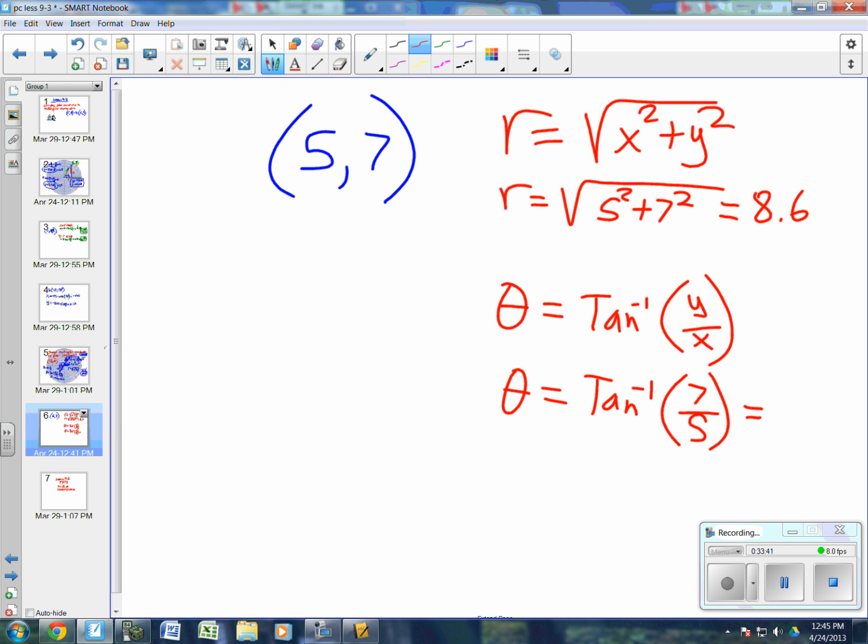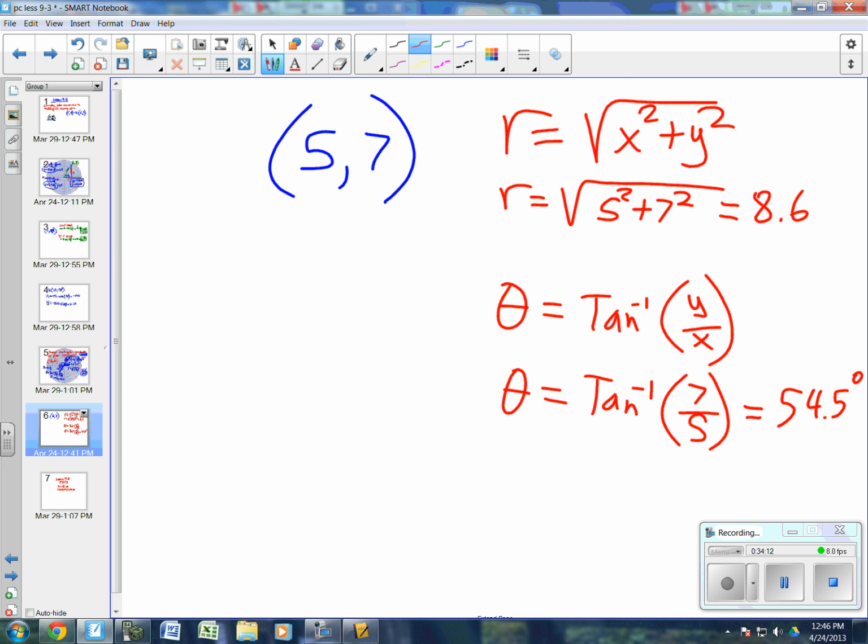Now, what mode are you guys in? Degree mode. It's going to be between 45 and about 70. 54 point what? We'll just say 54.5 degrees.